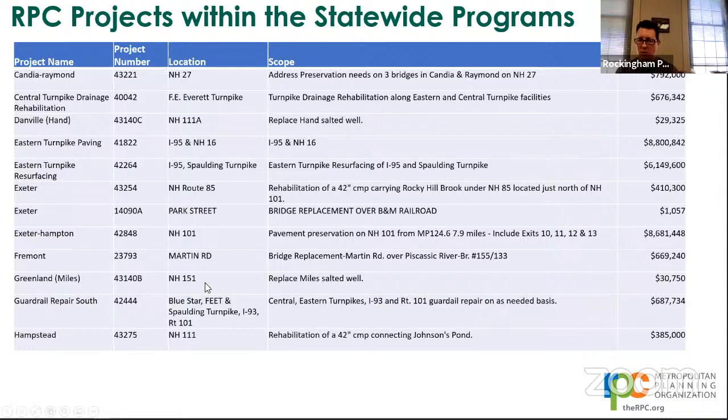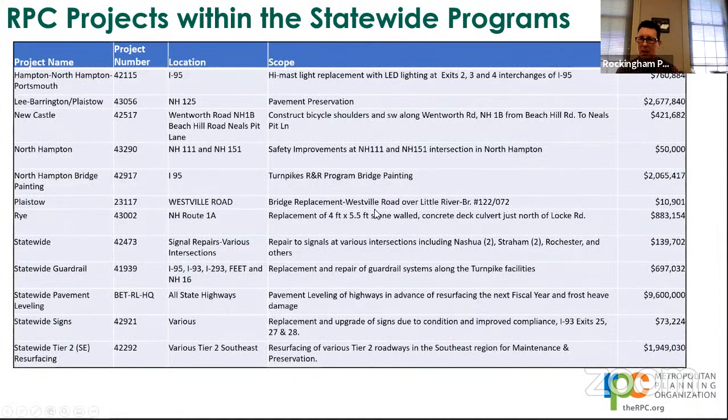Some of it is even construction, like salted wells, where DOT has to address private wells that have been impacted from road salt intrusion. It's also things like replacing high mast lighting on I-95. So just some examples of that type of work, and they range from very small projects to pretty substantial, millions of dollars.